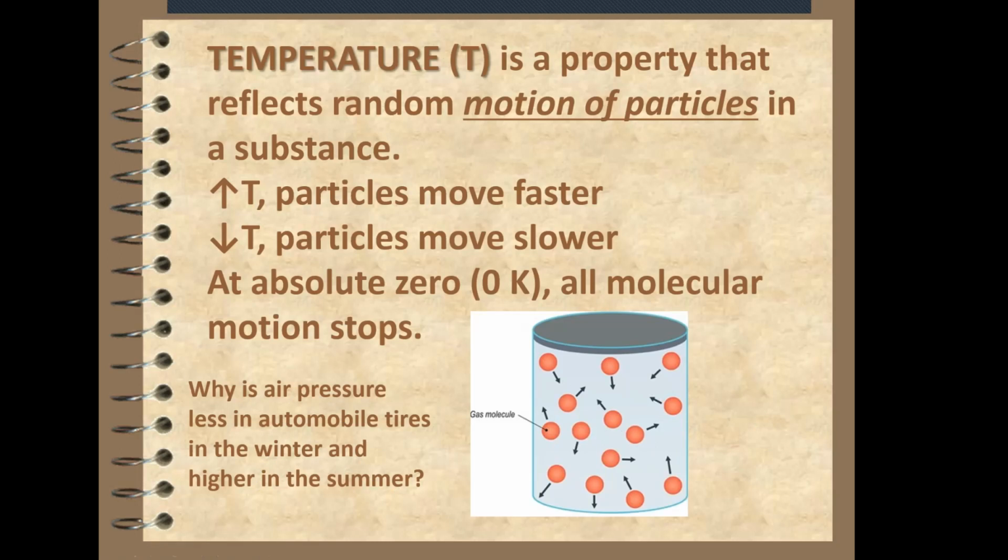Each tire had a pressure of 35 pounds per square inch. But in the summertime, each tire is 40 pounds per square inch. So that should make sense to you. That's why I love the kinetic molecular theory, because it explains observations that we make very nicely. Beautiful theory. Love that theory.